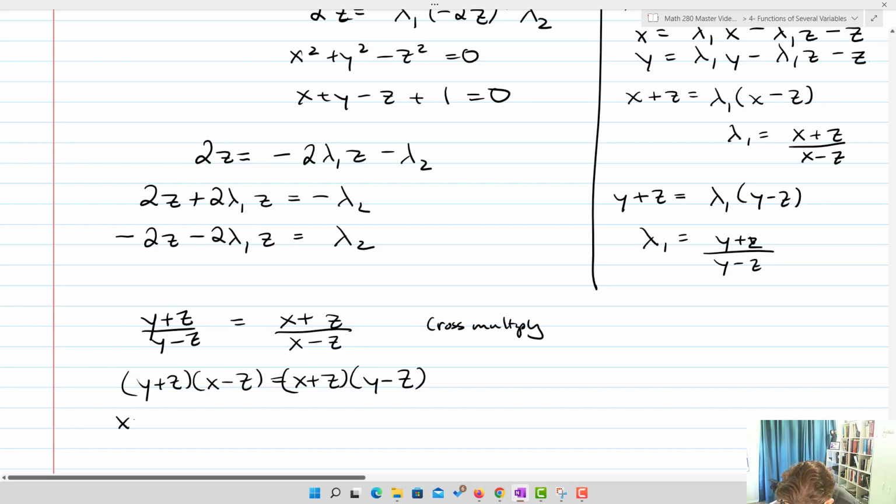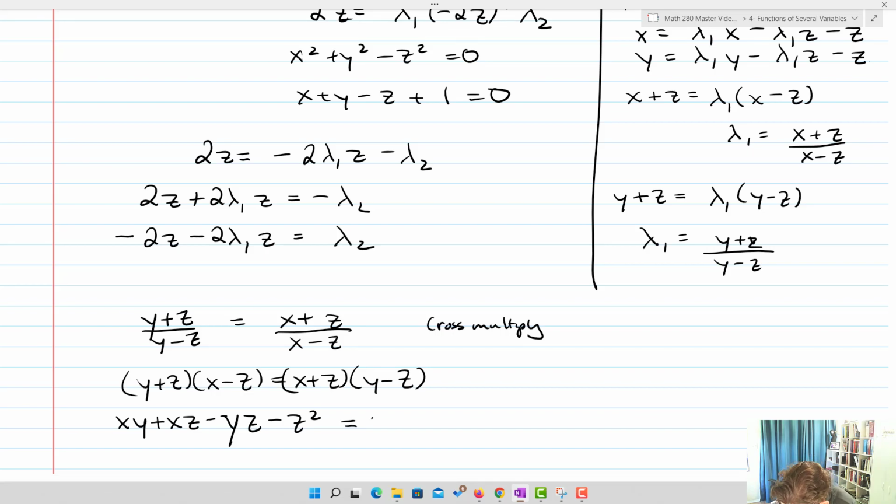This gives me now xy plus xz minus yz minus z squared, and that will equal xy plus yz minus xz minus z squared.